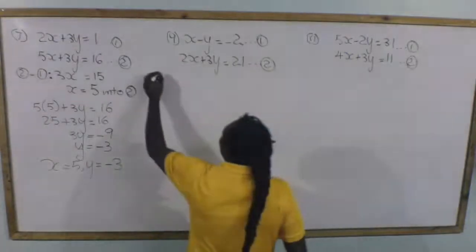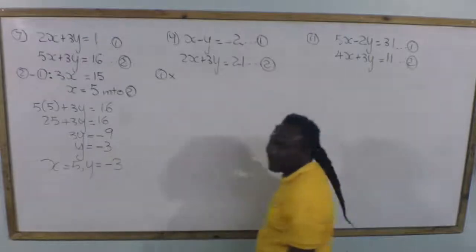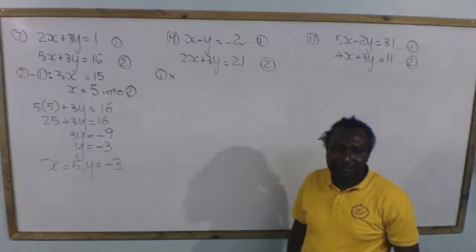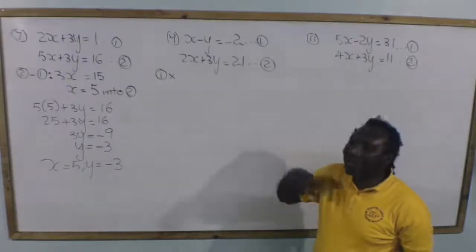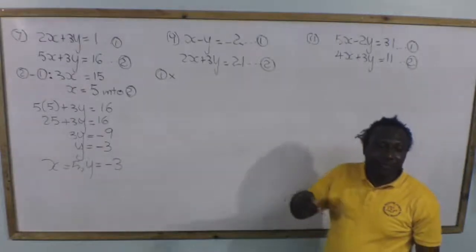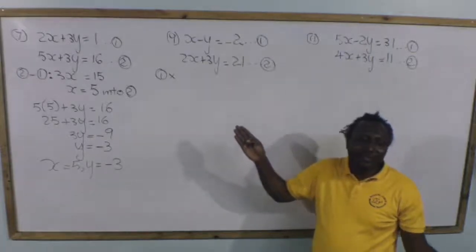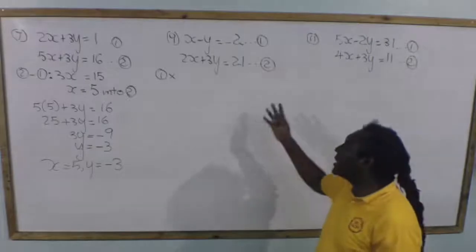Equation 1 will be multiplied by either 2 or 3. What do you say? You say 2, and I will say 3. The reason for saying 3 is that although 3 is larger, it's not astronomically larger, right?